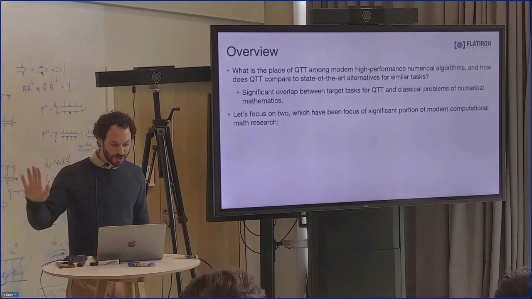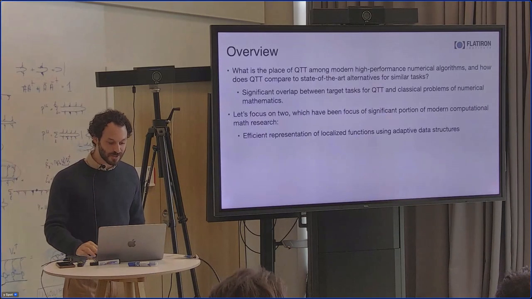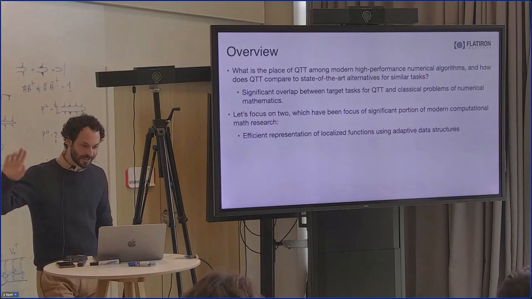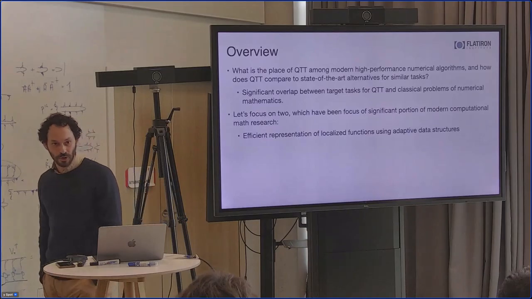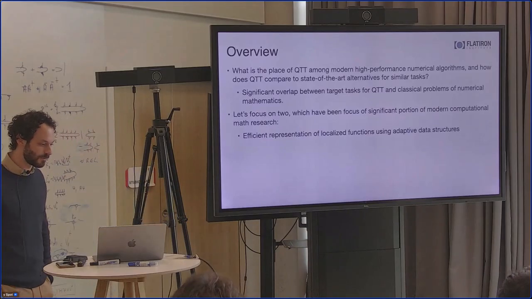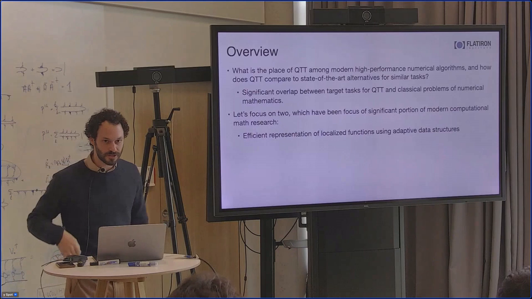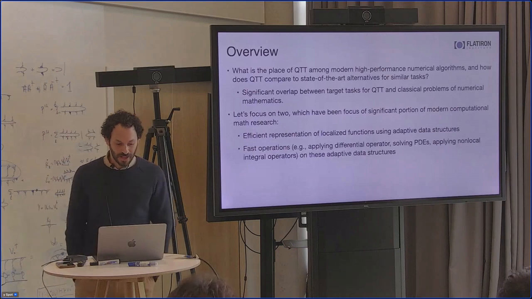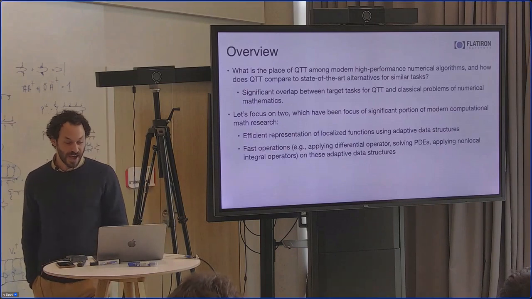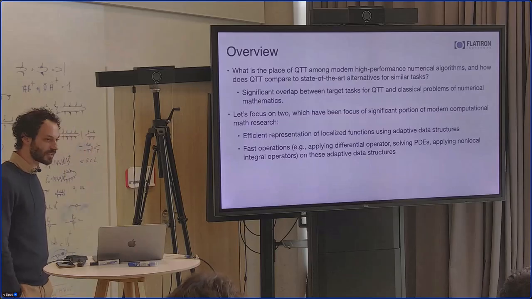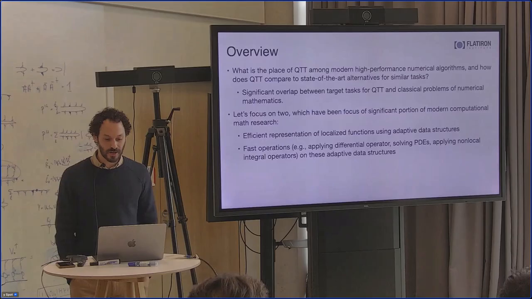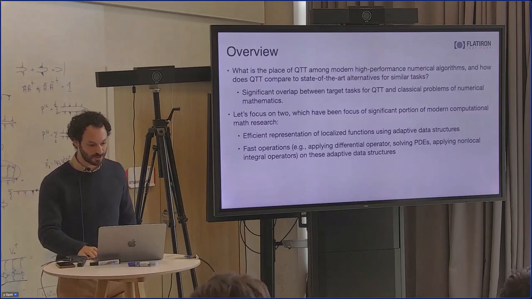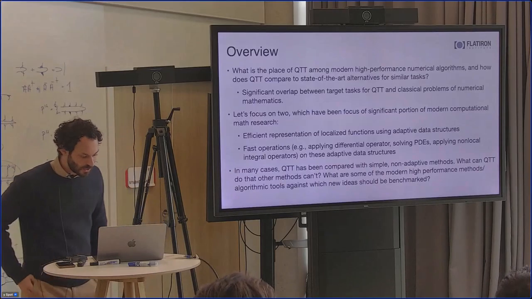I just want to focus on one or two of these ideas, which is not everything QTT can maybe do, but some of it: efficient representation of localized functions, for which traditionally adaptive data structures have been used, and how to do fast operations on these functions, like solving differential equations or applying non-local integral operators, on top of these adaptive structures, which is a challenging problem.